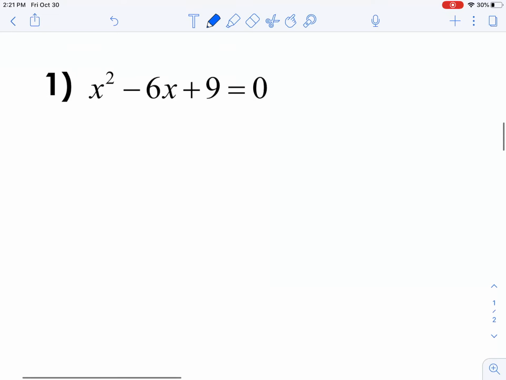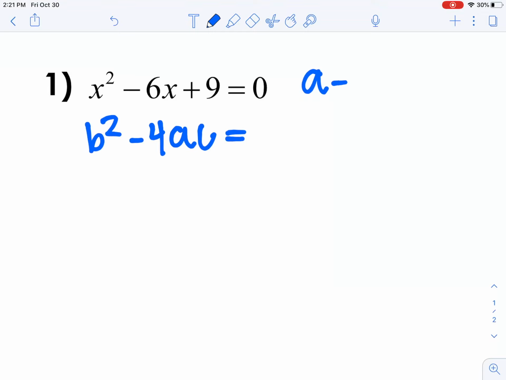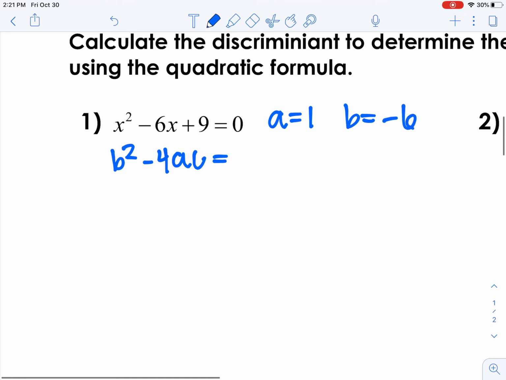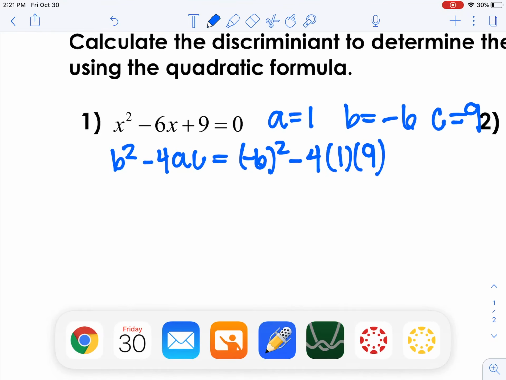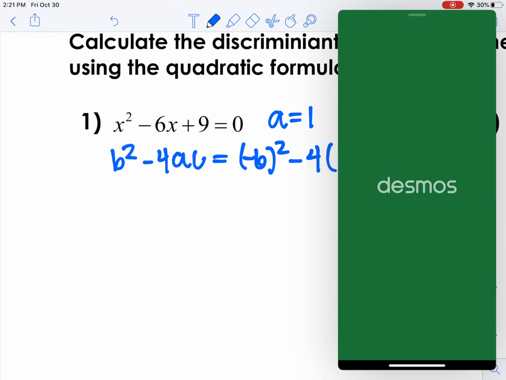So remember, our discriminant is b squared minus 4ac. So if a is 1, b is negative 6, c is 9, b squared would be negative 6 squared minus 4ac. Okay, I'm going to plug this into Desmos.